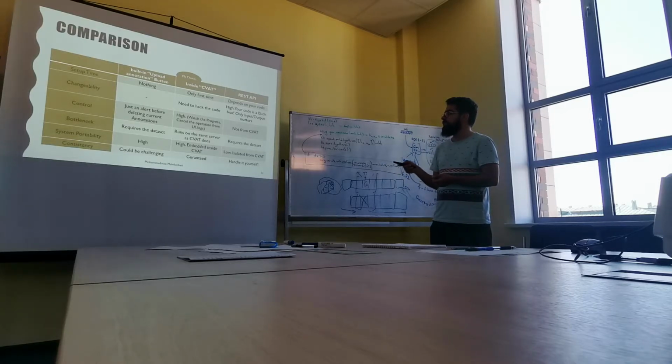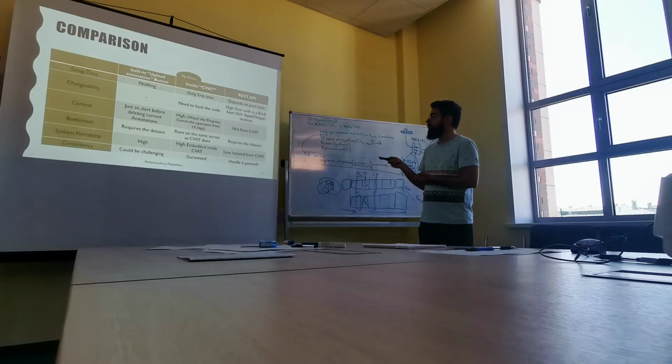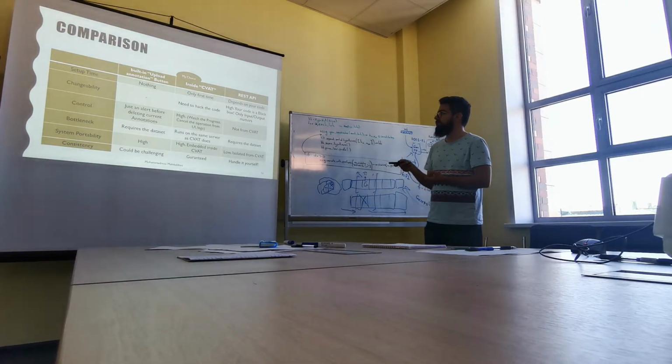The changeability in CVAT needs you to hack the code. You need to change the code. But with the REST API, it's a black box. CVAT doesn't care; only input and output matter. You need to be careful about this.